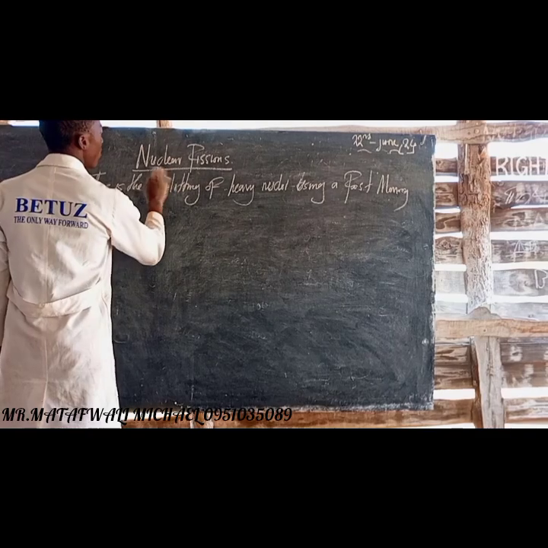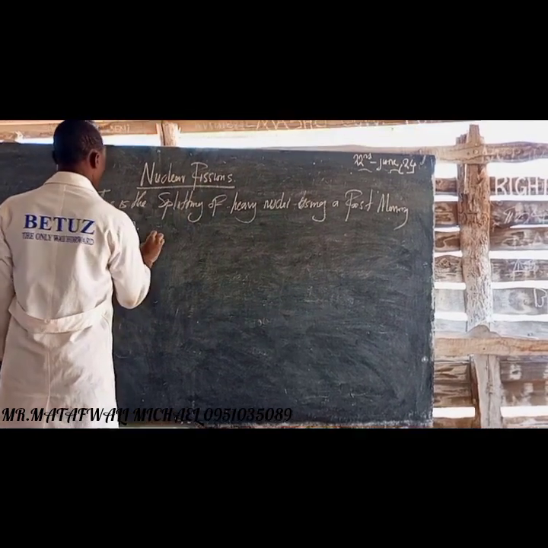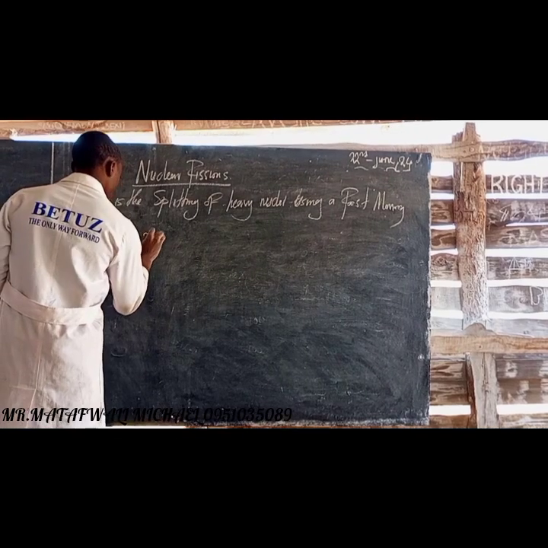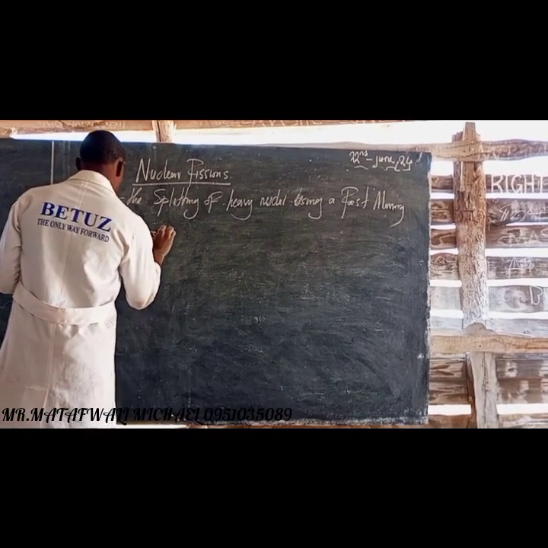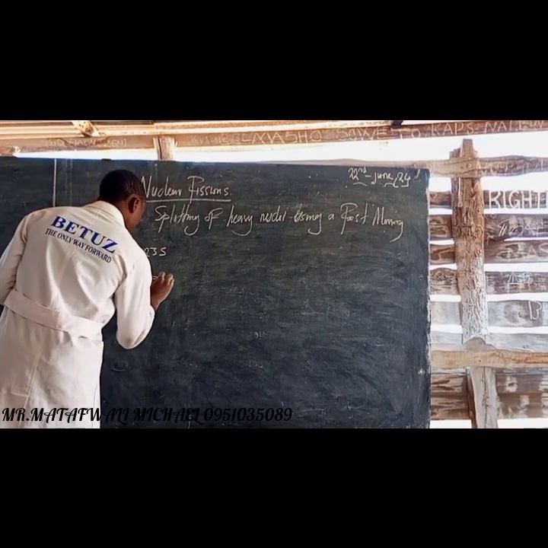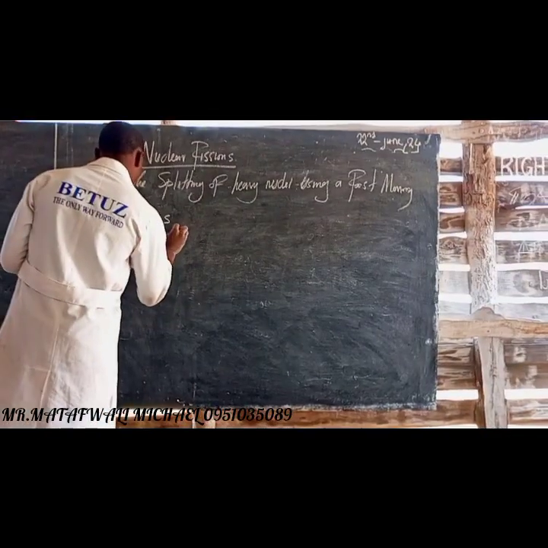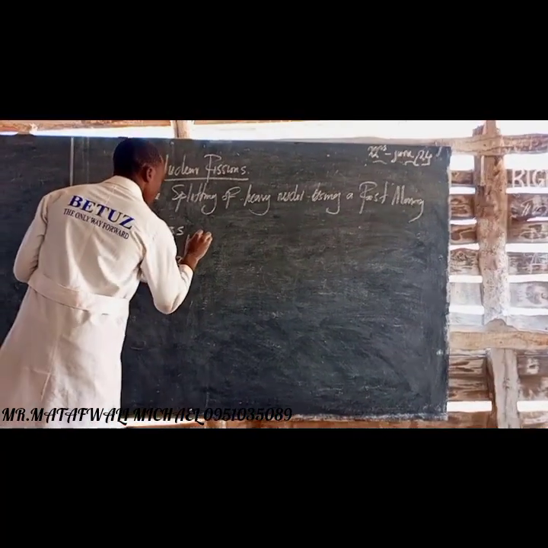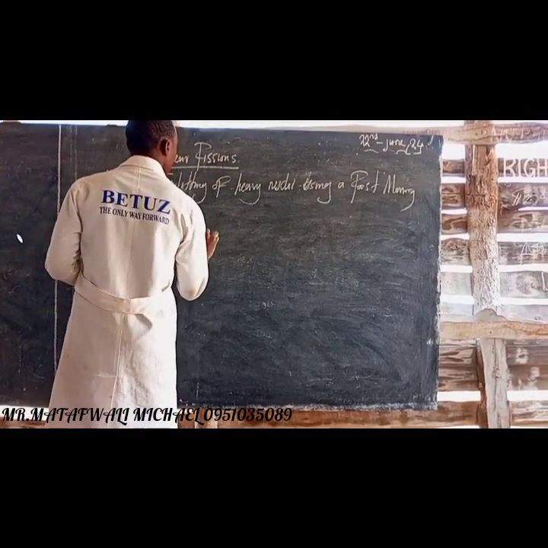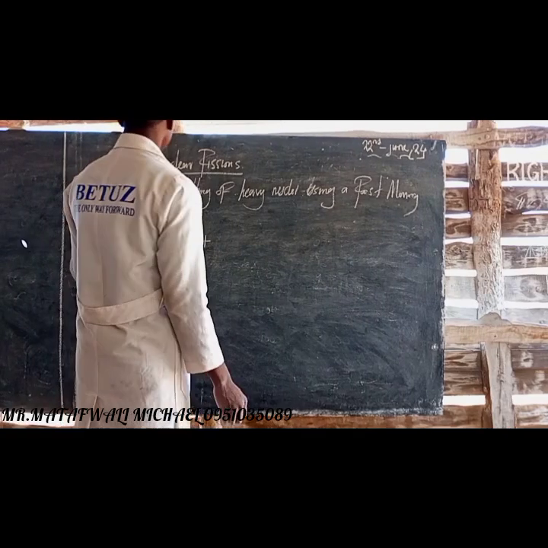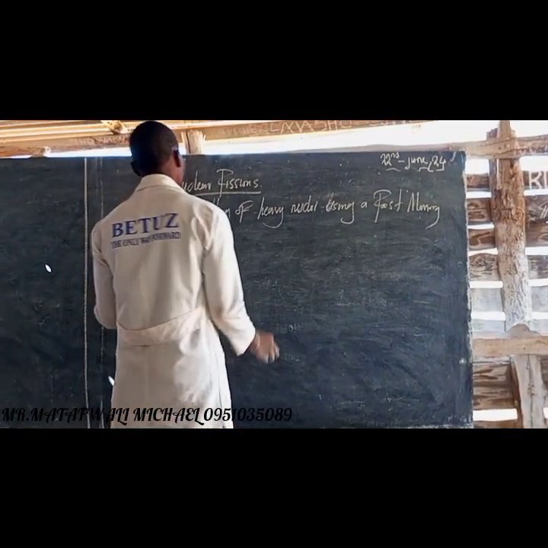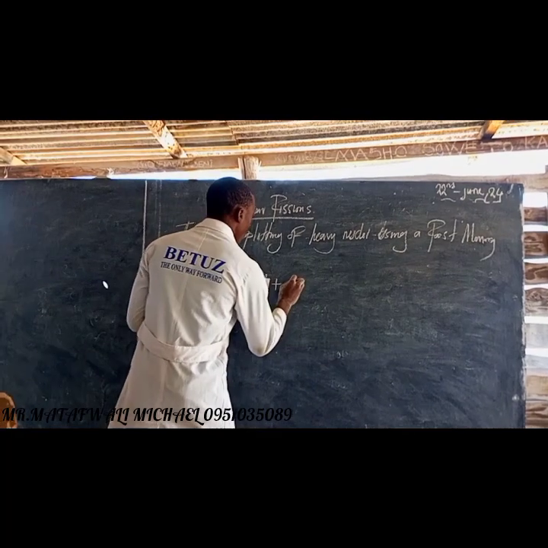So an example of a nuclear fission. Here we have an element with a mass number of 235, number of electrons 92, symbol is U. Then, as the definition is saying, using a fast moving neutron, so here we are going to have a neutron.